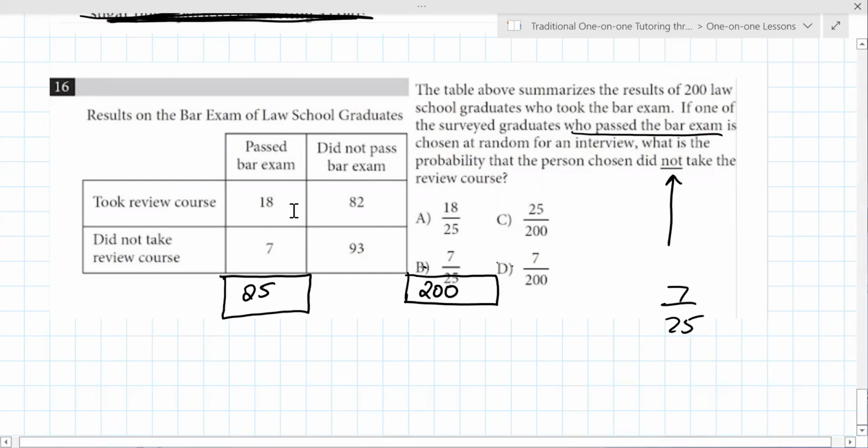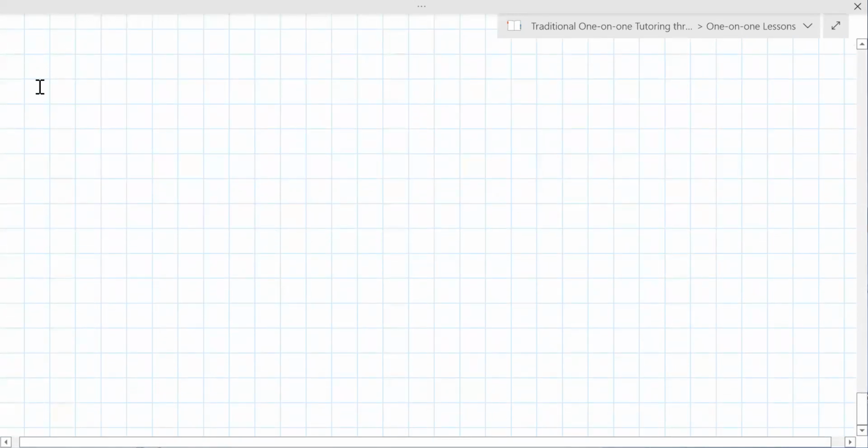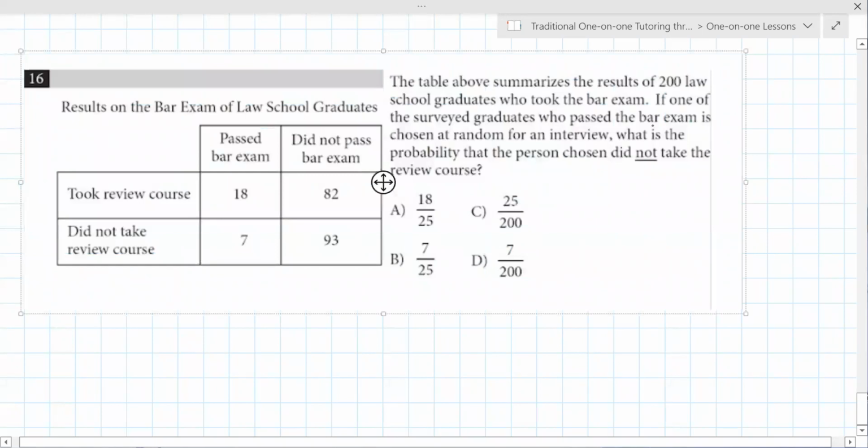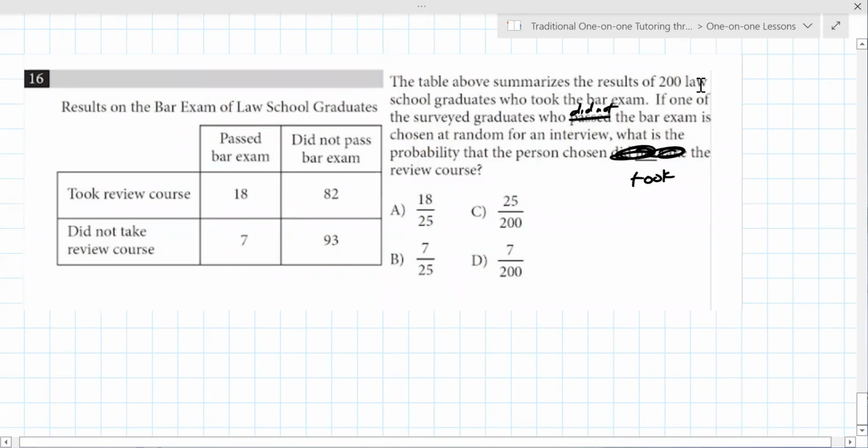So let's try a related question here. I'm going to just change a couple of words. If you can, maybe look away from the screen for a moment. Okay, so here we go. It's the same question, except it's saying if one of the surveyed graduates did not pass the bar exam, what's the probability that they took the review course?